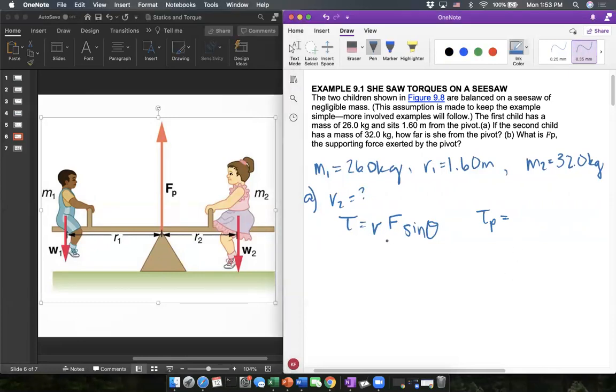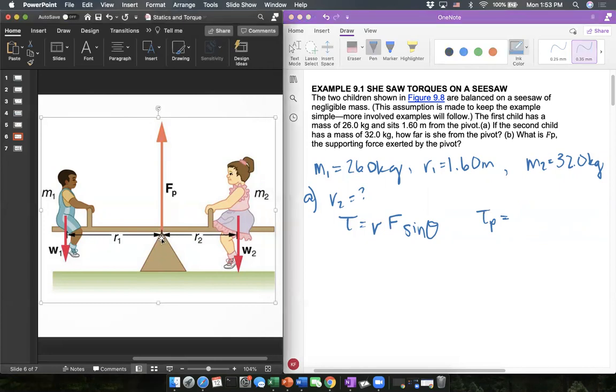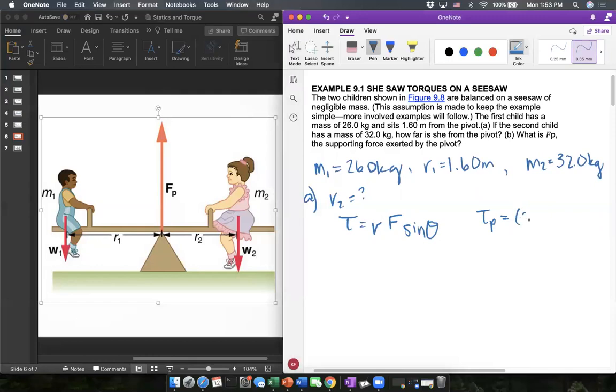If we call this 0, which we can, then our R would be at 0 meters, and then we'd have some F sub P, and that just tells us 0 Newton meters of torque at the pivot point. So we can just ignore that piece there.